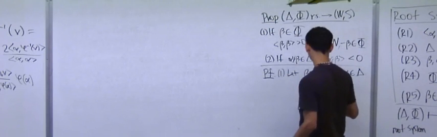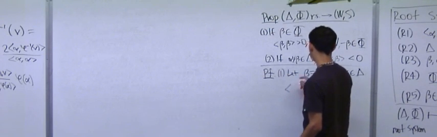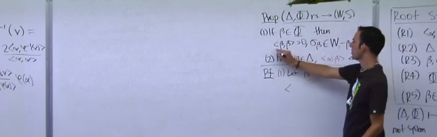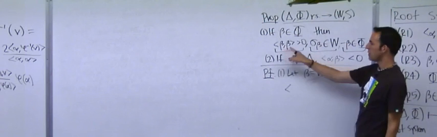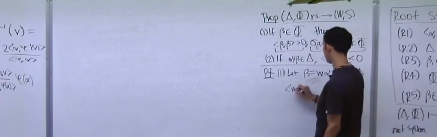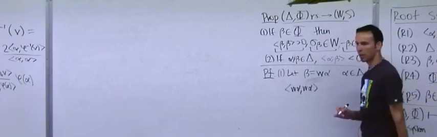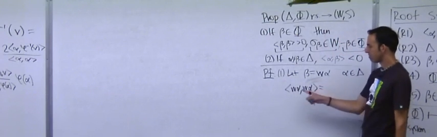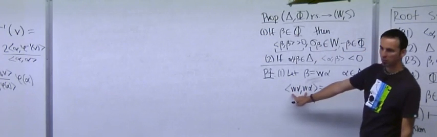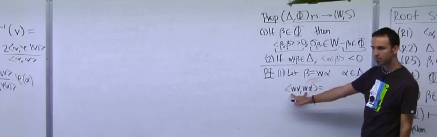So what is the inner product of beta and beta? I'm going to show these three things one at a time. Okay? So the inner product of beta and beta is the inner product of W alpha, W alpha. Okay? And I would like to now say that I can just get rid of W because W preserves the inner product. Why can I say that?